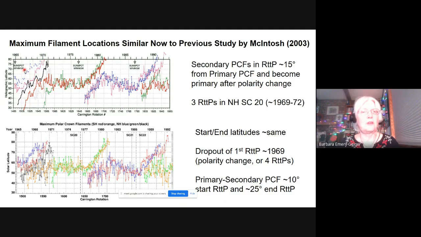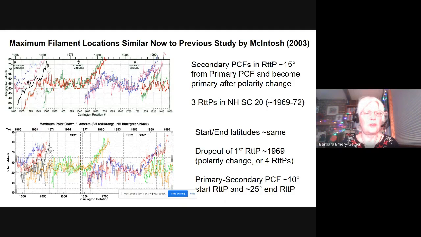For solar cycle 20, it looks kind of a mess because there is one rush, and that's the southern hemisphere, a second rush in the northern pole, and a third rush, which is this kind of dotted line. We actually tend to see 4 in here because right at this location, he skipped some Carrington rotations, 3 of them.